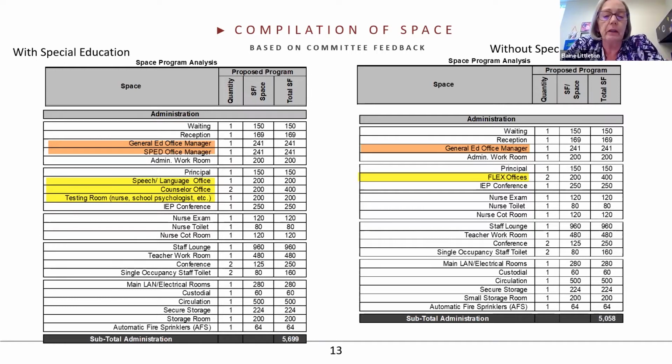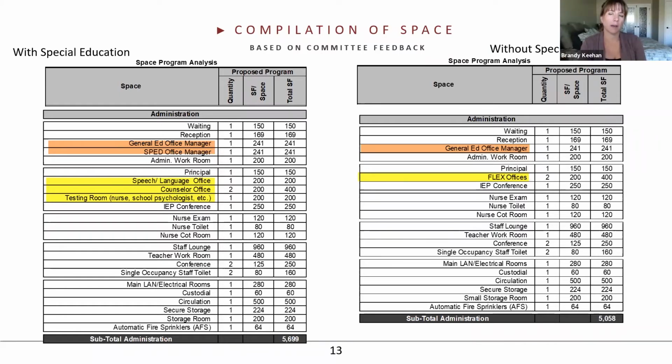Actually, I think you could make two testing rooms with that 200 square feet that you're talking about. Right. And that's because usually when the school psychs and the nurses are testing, they're doing it in smaller numbers.